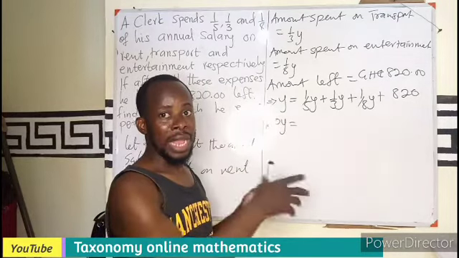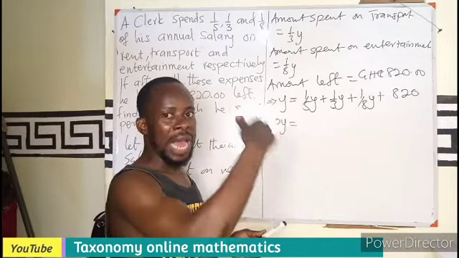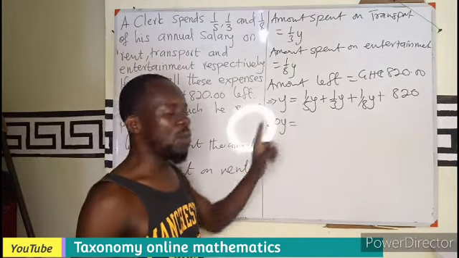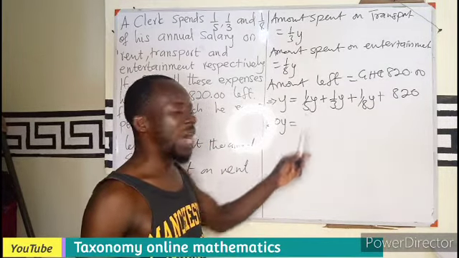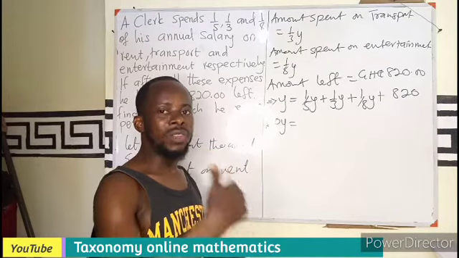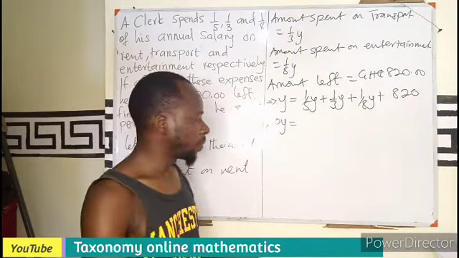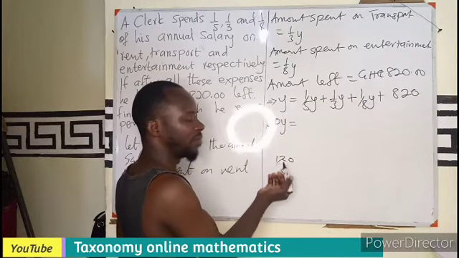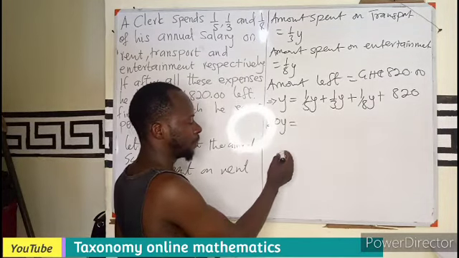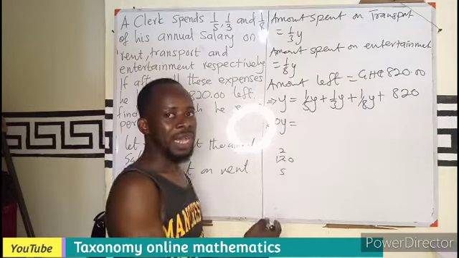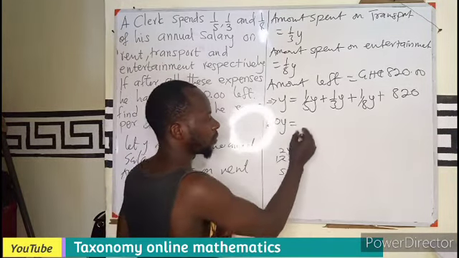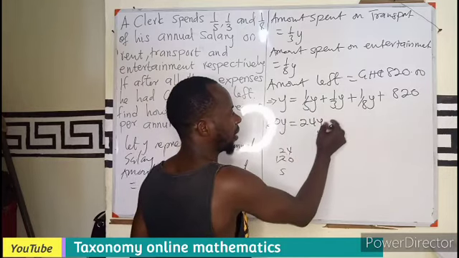Because of time and space, I will not multiply out fully, I will get the answer directly. 5 goes into 120 24 times, so I have 24y.